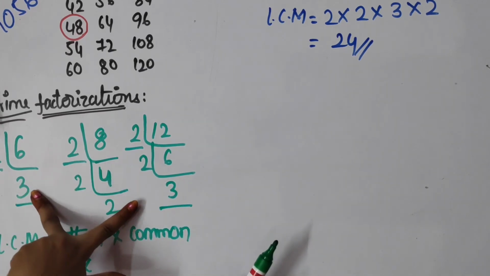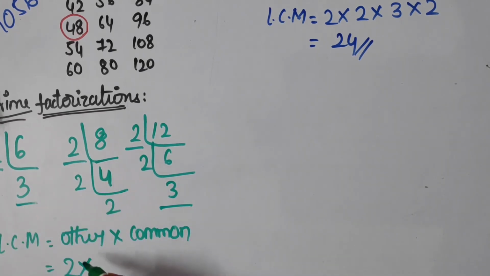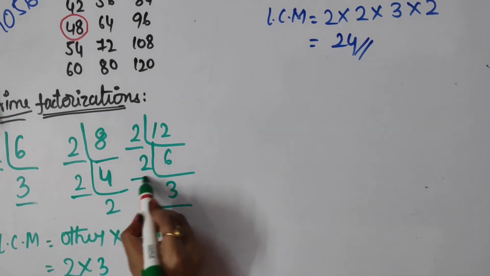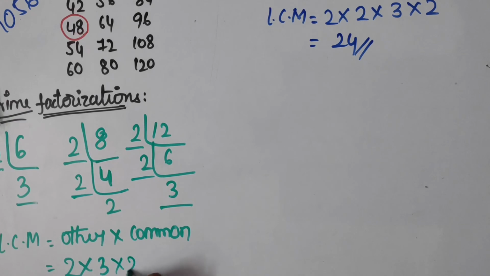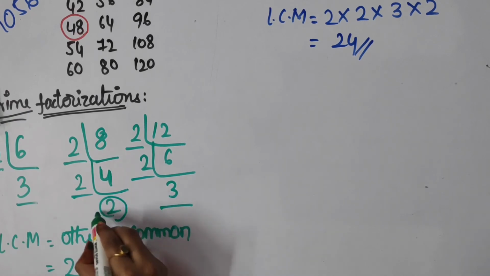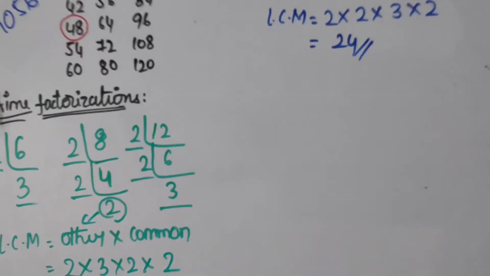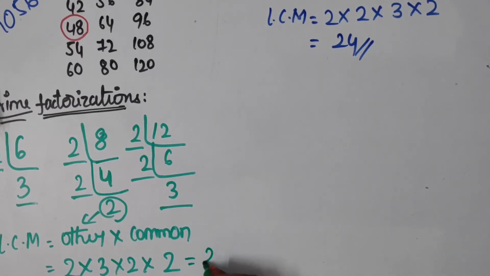These are repeating numbers, so they should be written once. 2 2 is a common number, so it is written once, and the leftover one, which is the other number, should be written as 2. So prime numbers, common numbers into other numbers, and when we multiply all these numbers, we'll get the answer 24. So this is the prime factorization method.